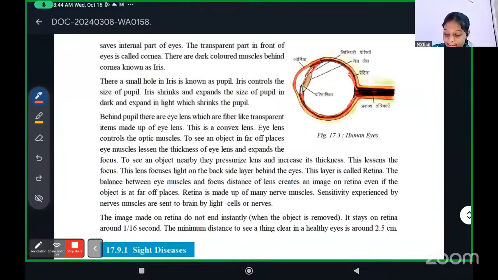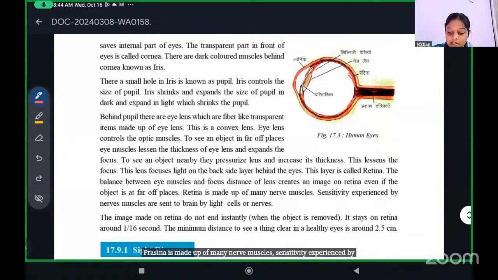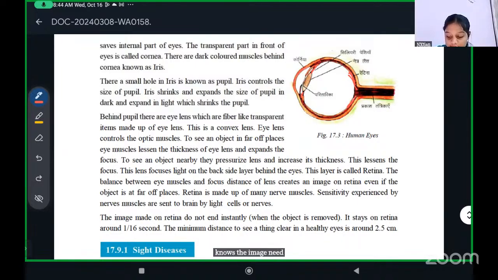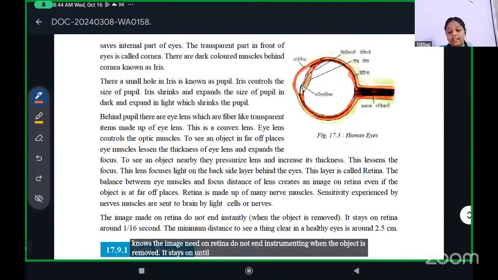Now, the retina is made up of many nerve cells. Sensations experienced by the nerve cells are sent to the brain by light cells or nerves. The image made on the retina does not end instantly when the object is removed. It stays on the retina for around 1 by 16 seconds.